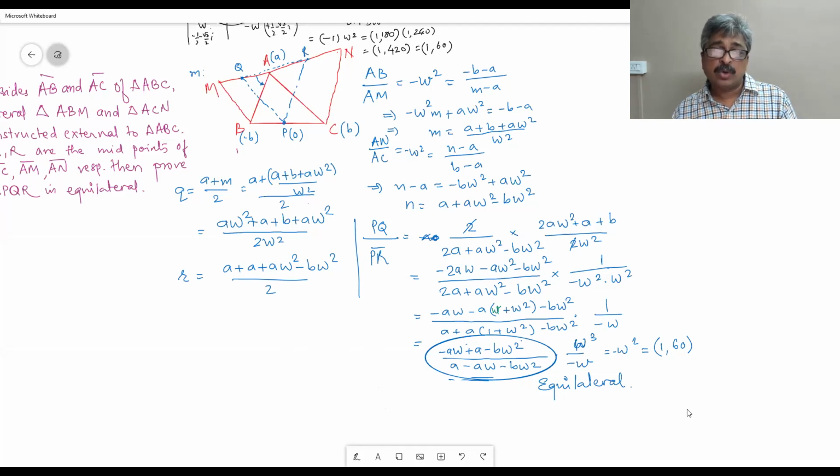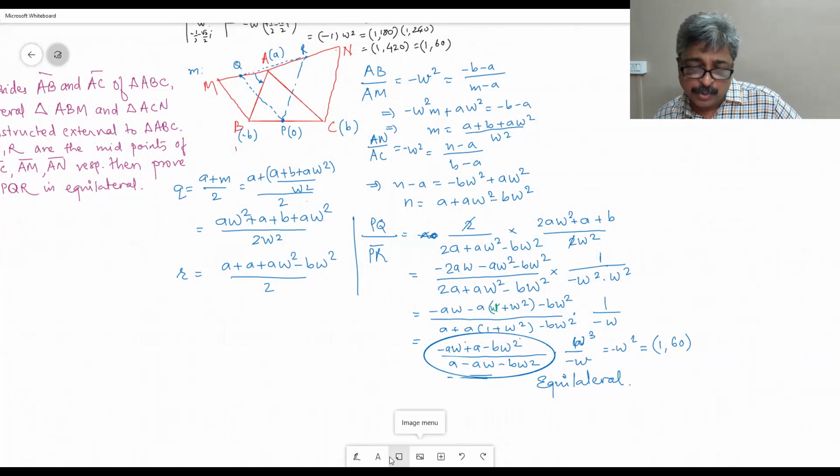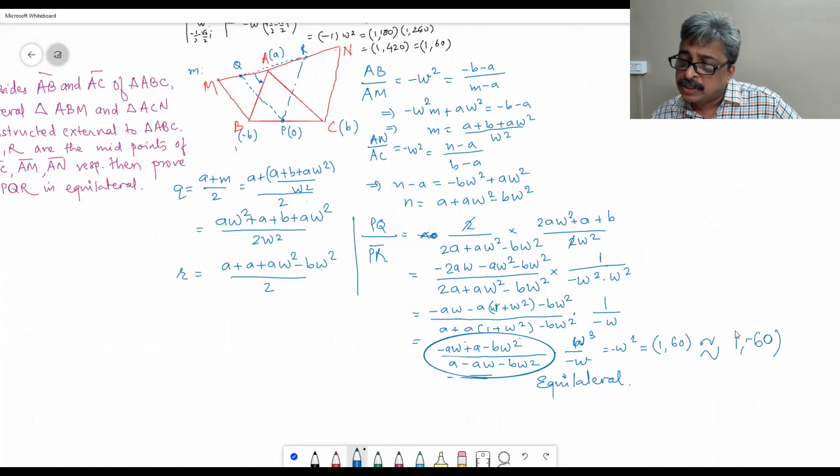PQ to PR is positive 60 degree. See, finally, if you get here, suppose if you would have got the answer here as 1 comma minus 60, still it is equilateral, because in equilateral triangle, I mean, when we are trying to prove a triangle equilateral, whether you are rotating AB to get AC through 60 degree with same magnitude, or rotating AC to get AB through 60 degree.